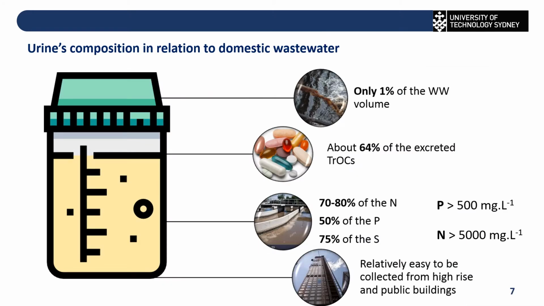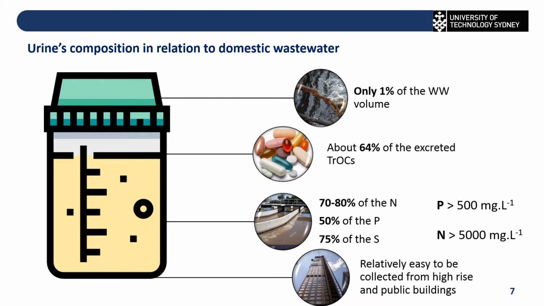Let's look at the urine's composition in relation to domestic wastewater. It is only 1% of the wastewater volume, but about 64% of the excreted trace organic compounds.